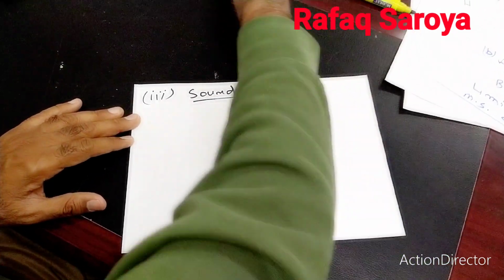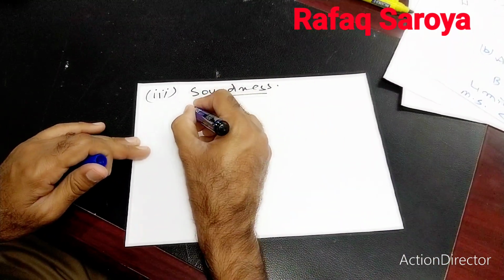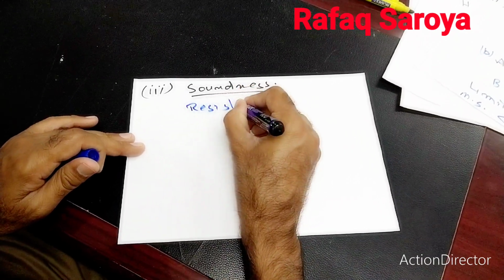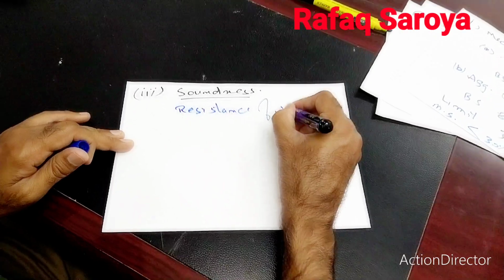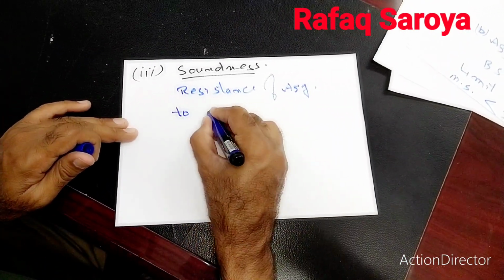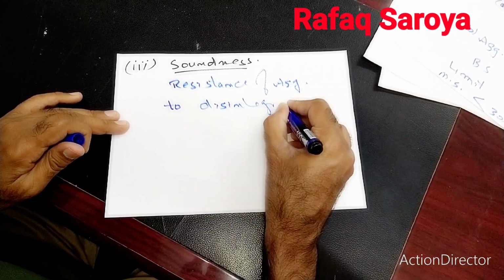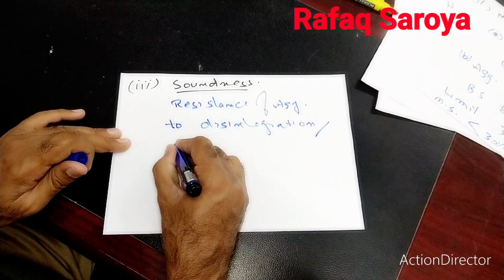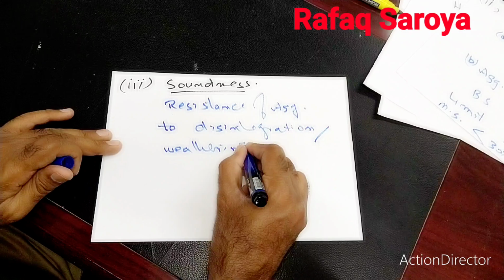Soundness means resistance of aggregate to degradation by weathering effect, that is, resistance of aggregates to disintegration or weathering.